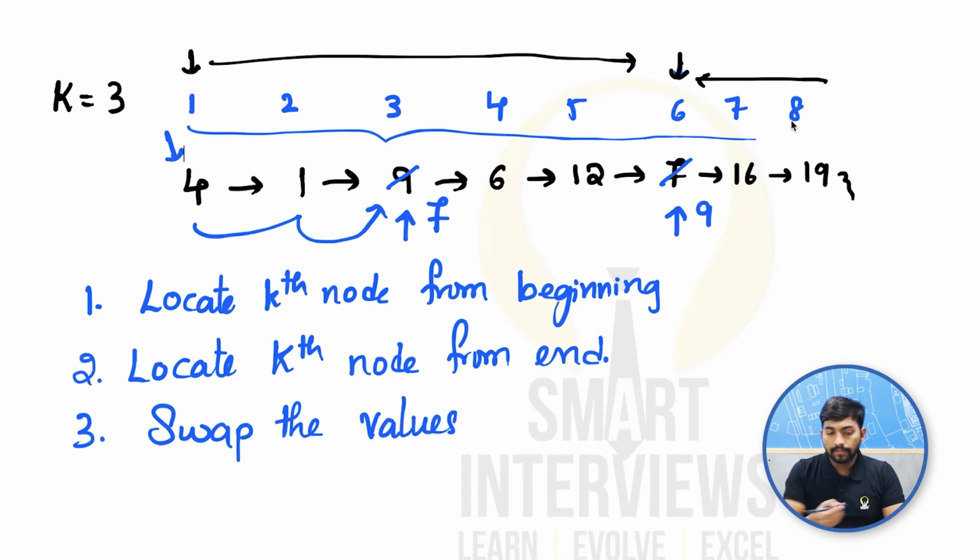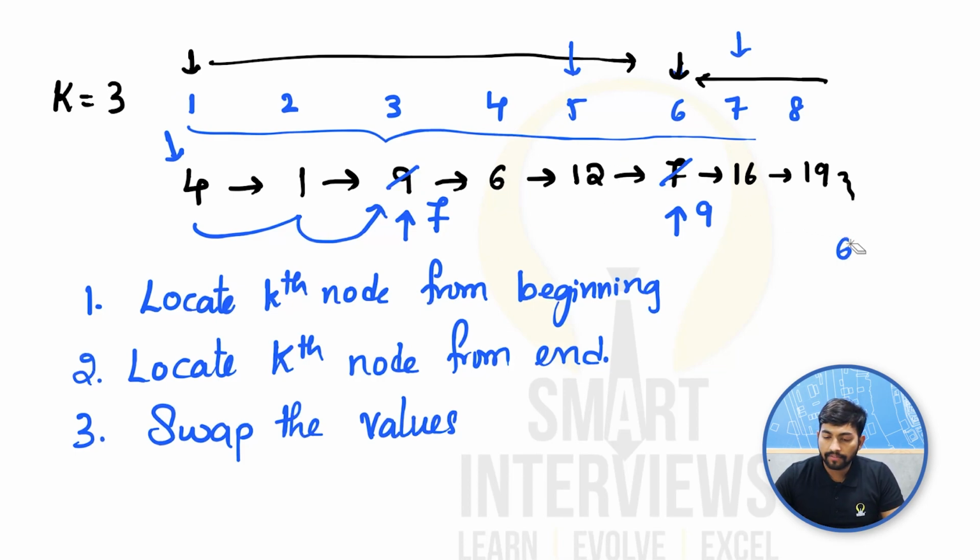For example, if k is equal to 3, the position of the third node from the end, from the beginning, is 6. If k is equal to 2, from the beginning it's going to be 7. If k is equal to 4, from the beginning it's going to be 5. So from these values, can we observe something?